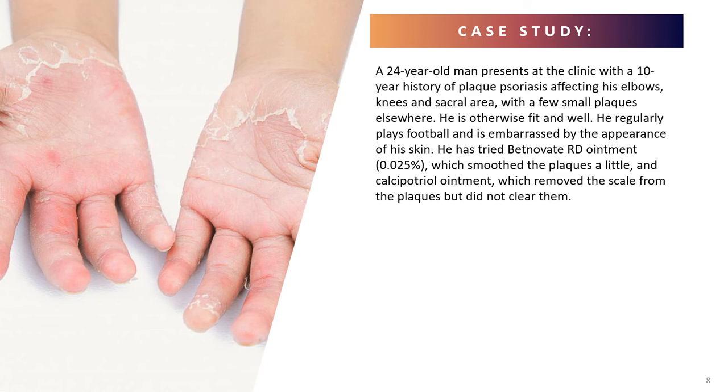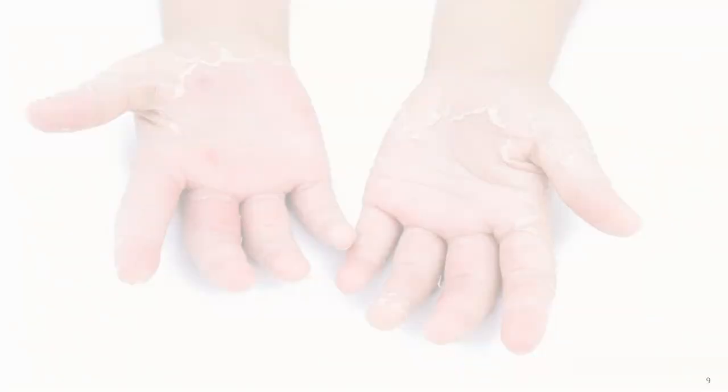He is otherwise fit and well. He regularly plays football and is embarrassed by the appearance of his skin. He has tried Betnovate RD ointment 0.025%, which smoothed the plaques a little, and calcipotriol ointment, which removed the scale from the plaques but did not clear them.